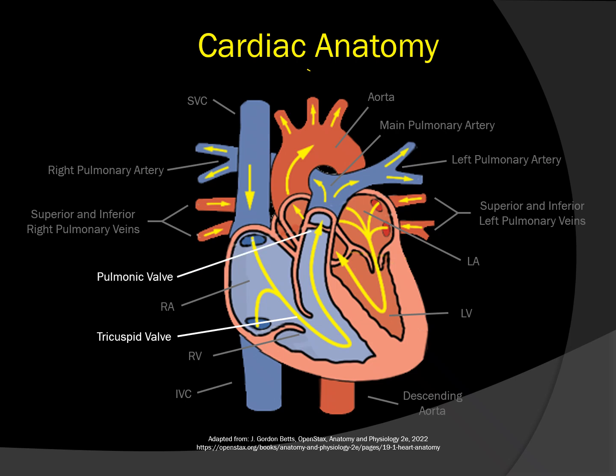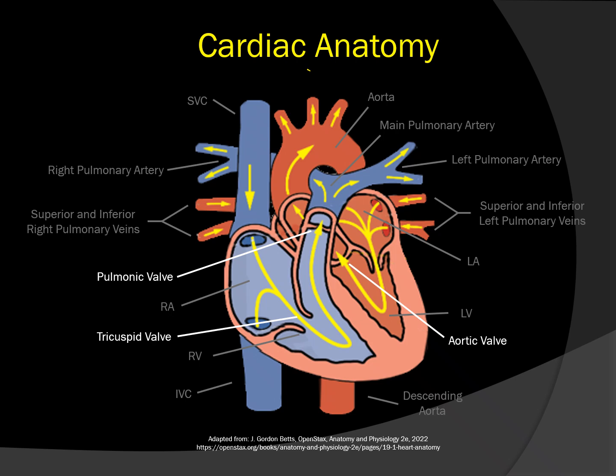The pulmonic valve lies in the right ventricle outflow tract to assure blood flows in one direction out of the right ventricle into the pulmonary artery on the way to the lungs. This valve normally opens during right ventricular systole and closes during diastole. The aortic valve lies in the left ventricle outflow tract to assure blood flows in one direction out of the left ventricle into the aorta on the way to systemic circulation.